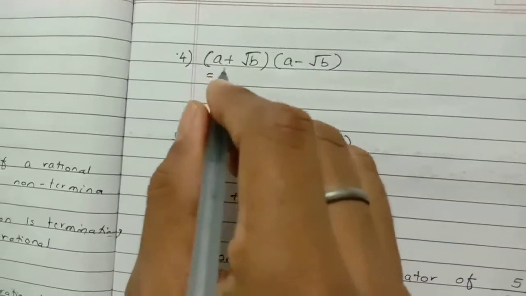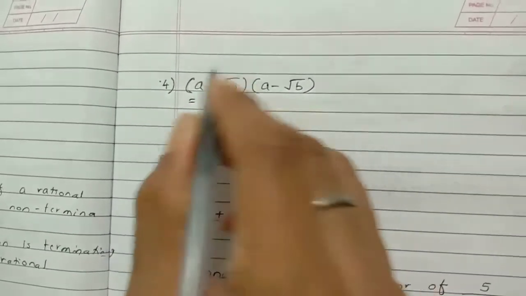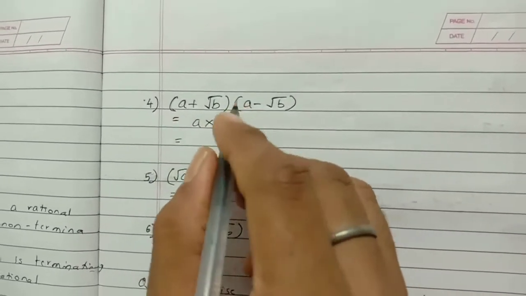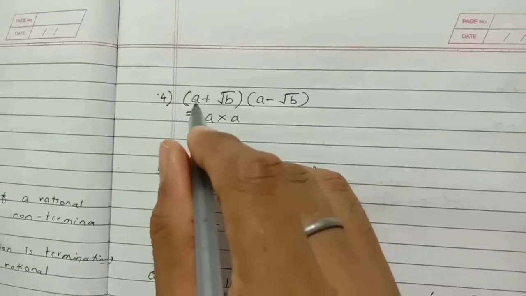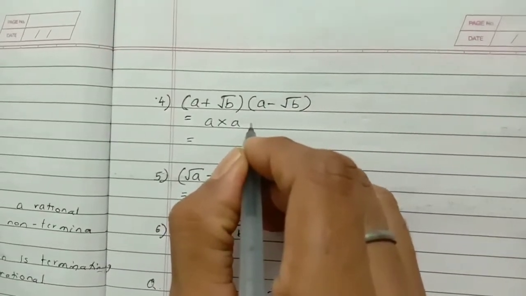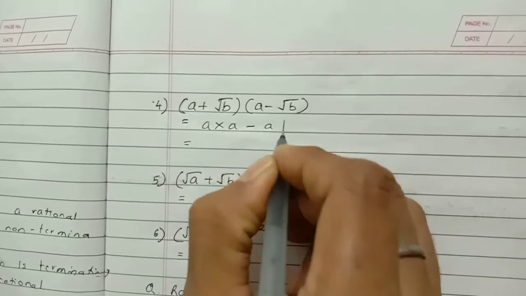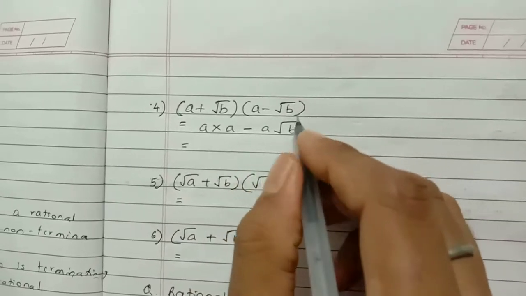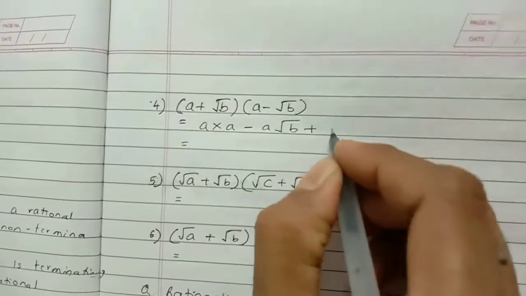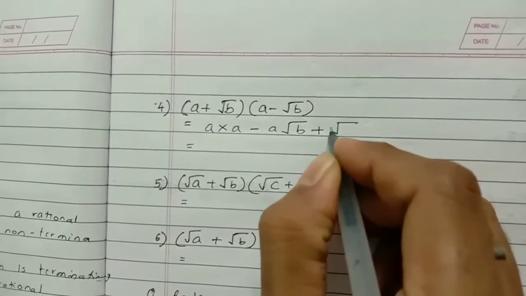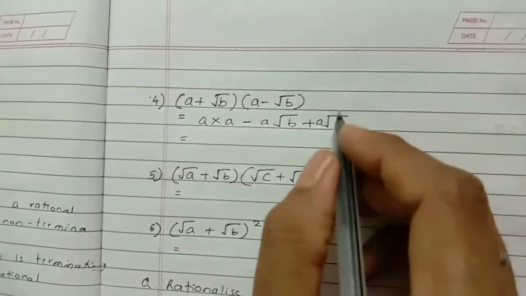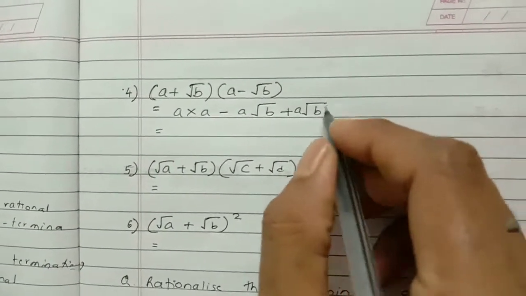So this will be solved as a into a, that is a square, then a into minus root b will be minus a root b. Now root b into a is a root b, you can change the order since it's multiplication.